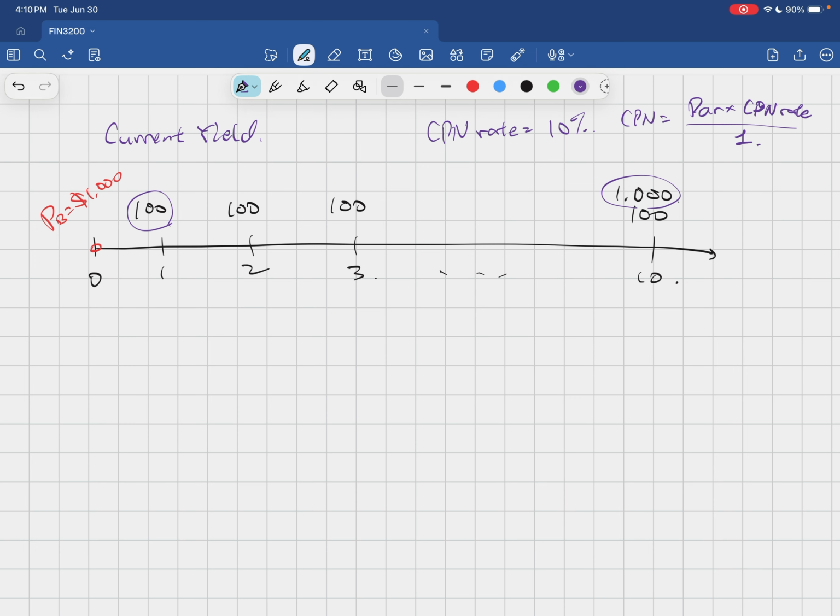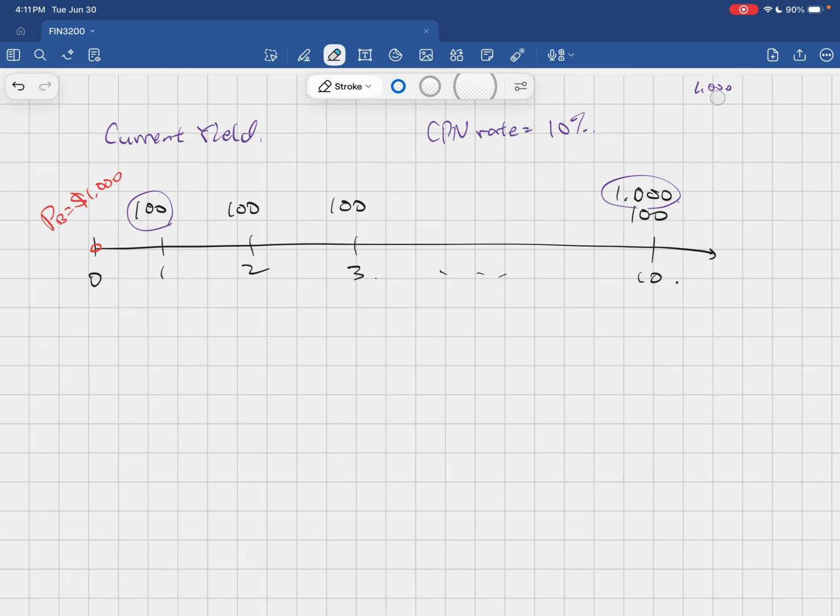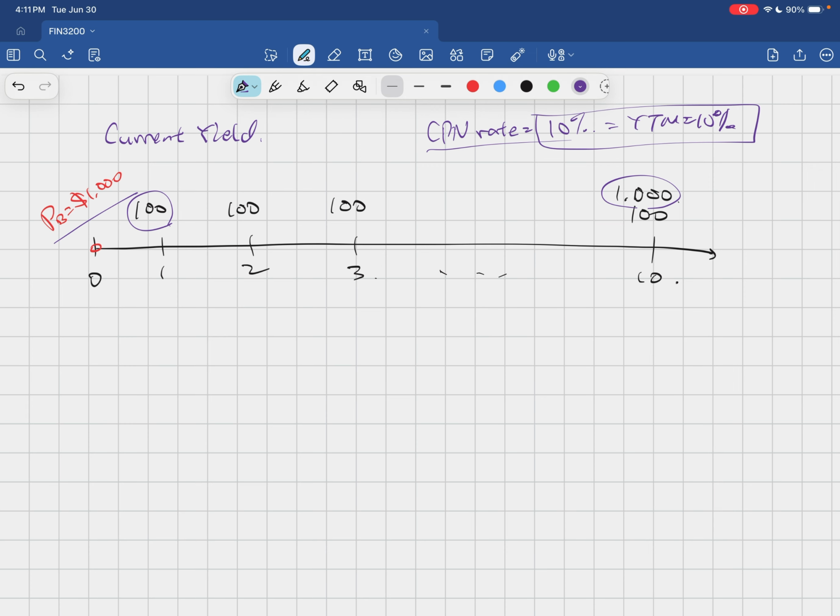So the coupon payment of $100 equals 1,000 times 0.1, 10%. That's why it's 10%. And since it's a par bond, we know that the YTM is also 10%. Just trying to link the concepts that we talked about, from that little table. When the coupon rate is equal to the YTM, then the price of the bond is $1,000, okay?